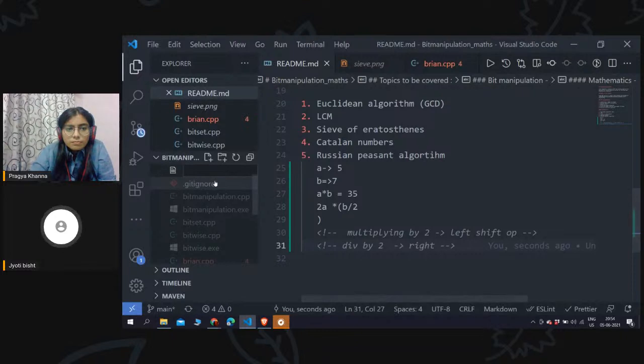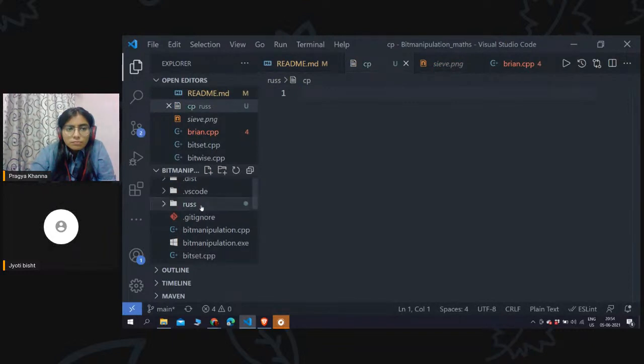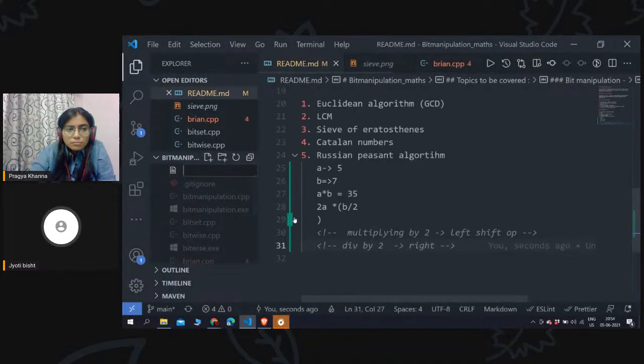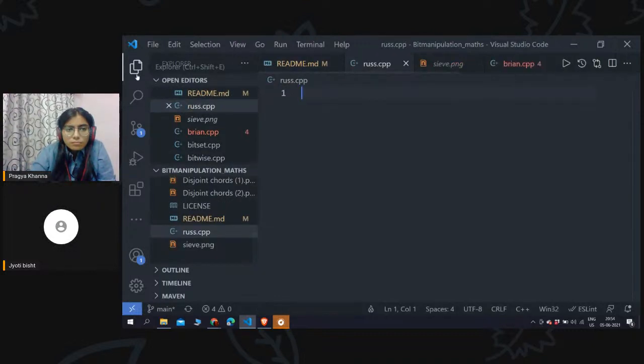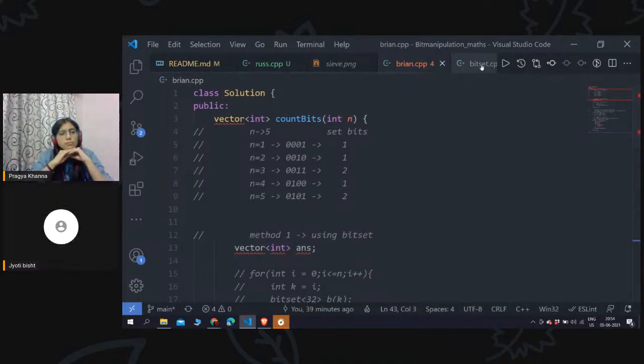I will just open Russian peasant. I'm sorry, this file is, just let me write it in .cpp. Okay, if I want to write the code, what would I do?